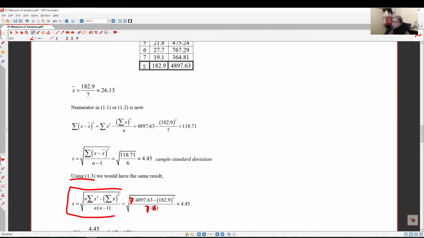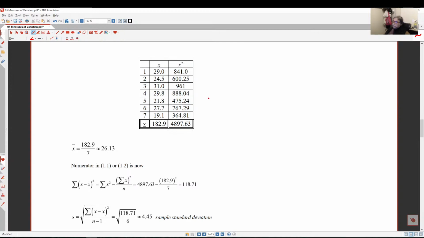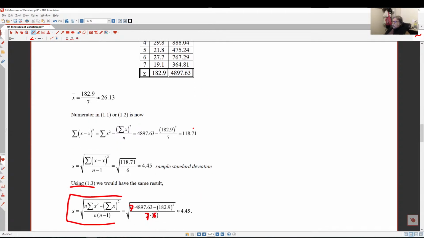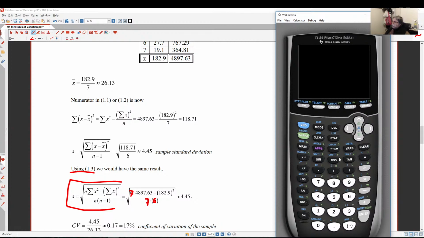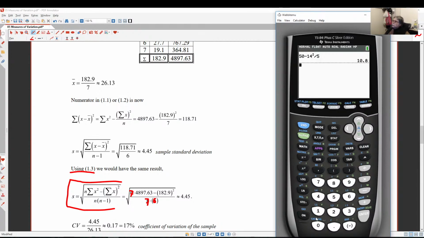So then you have the sum of the x squared. Sum of the x squared is 4,897.63. That's what I have here. So I just have to multiply n with the sum of x squares, the sum on the bottom. And then minus, I have a sum of x's, which is 182.9 right here. That will be squared. Then you're going to subtract that. You can check it out. The formula, what would that lead to? Let's see.